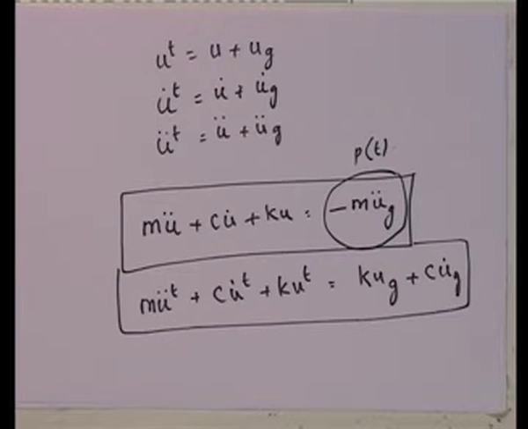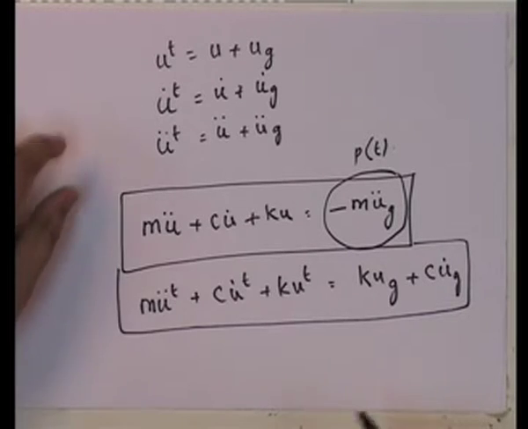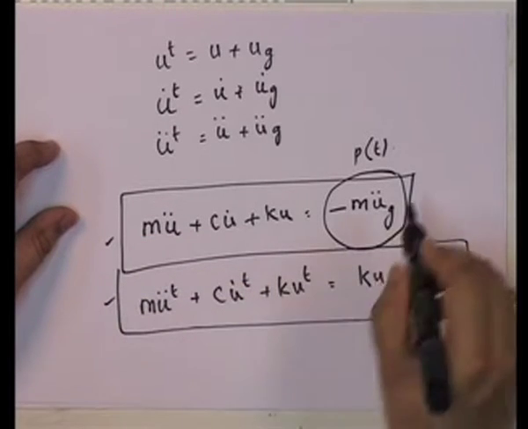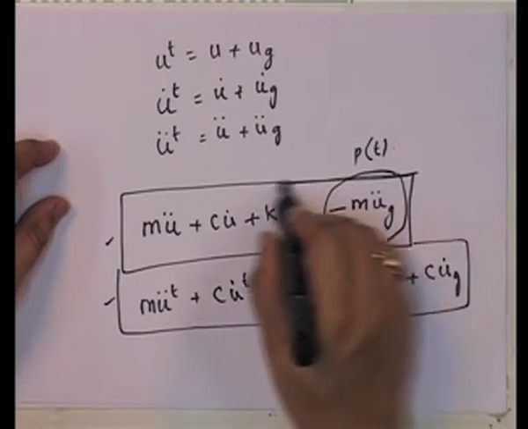This is a lateral ground motion, and therefore these are the lateral degrees of freedom. So either one of these is valid, but this is the one that we typically use.